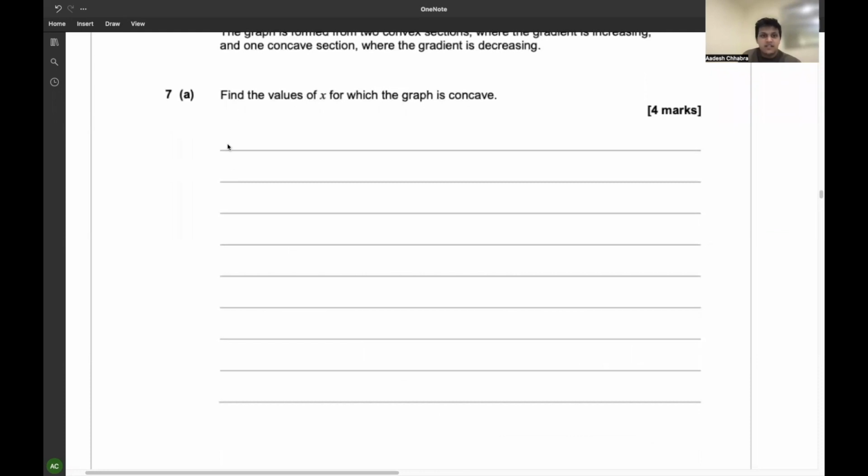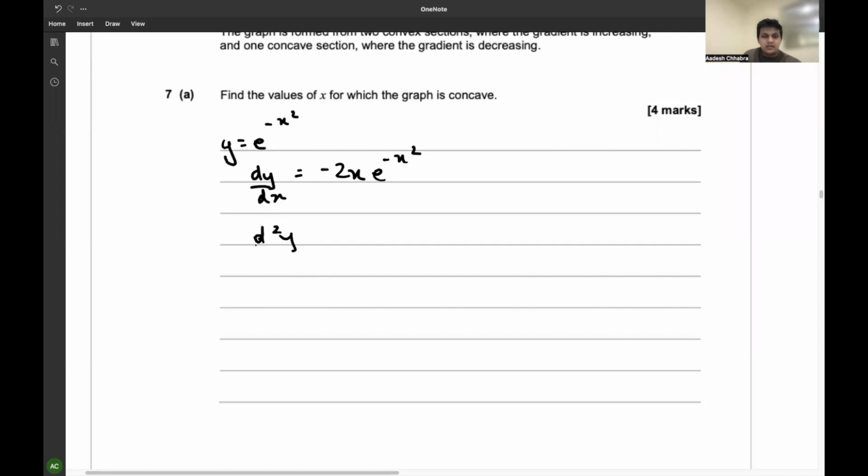So let's go ahead and find that. If we have y is equal to e to the power minus x squared, essentially we know that dy by dx would just be equal to minus 2x times e to the power minus x squared.